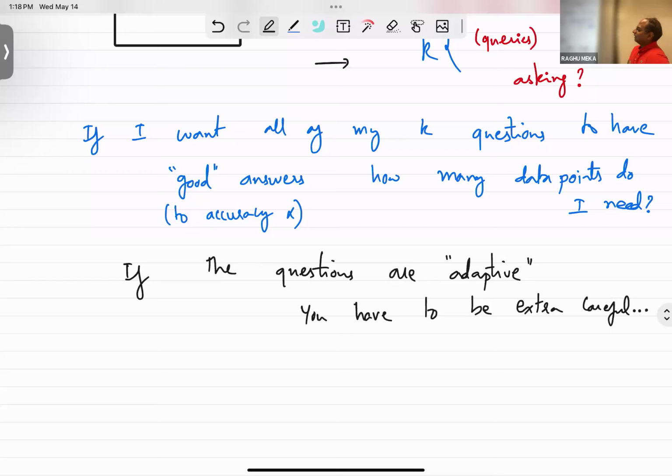Extra careful meaning if the questions are adaptive, you're using your sort of sample, your study, to estimate some population statistics, right?